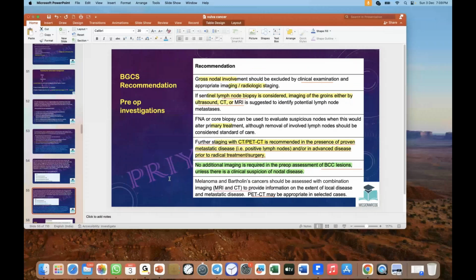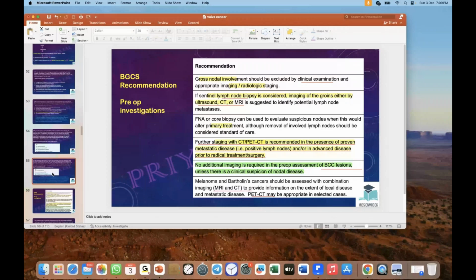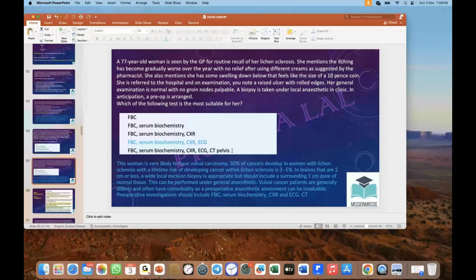But from the previous guideline the answer was D. So from the new guideline, because they are saying for the imaging, it should be 5. It is confusing, but from the new guideline it should be 5, and the strategy answer is 4. But I think the strategy has not updated. Okay, so I will put 5 only, but the strategy answer is 4.